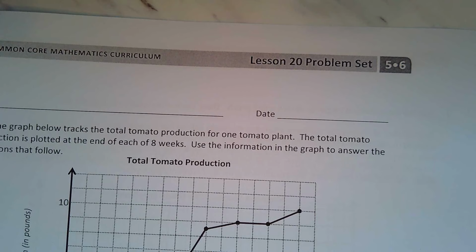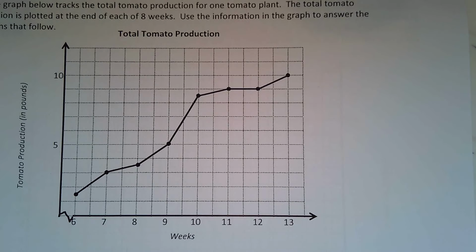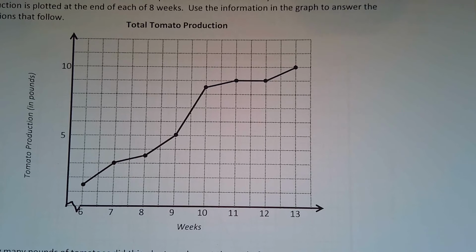And remember, our objective today was to use the coordinate system to solve real world problems. Very similar to yesterday's lesson, there are 2 concept development problems before you go on to your homework and your exit ticket. All right, we're going straight into concept development, going straight into the problem set.